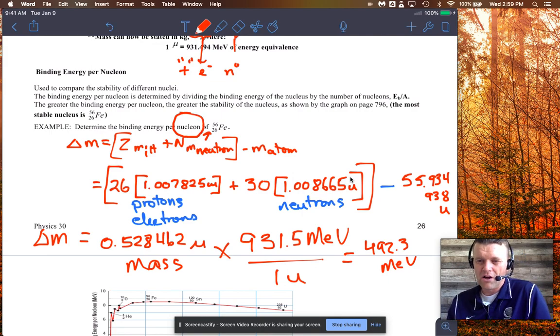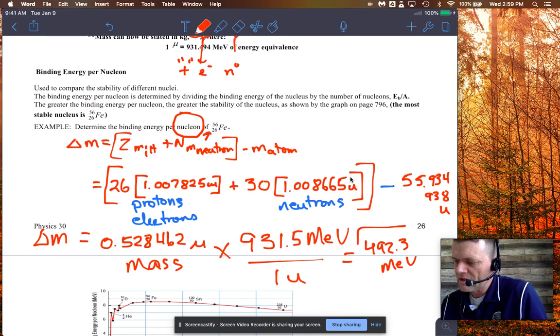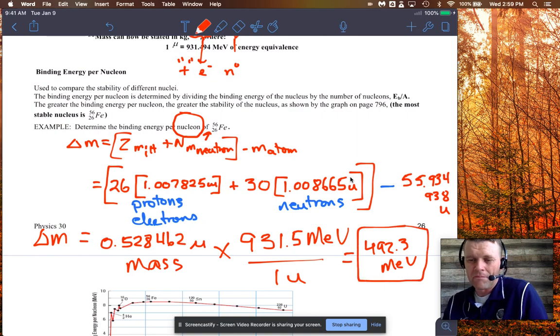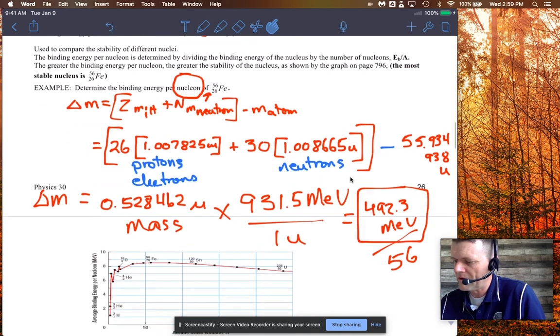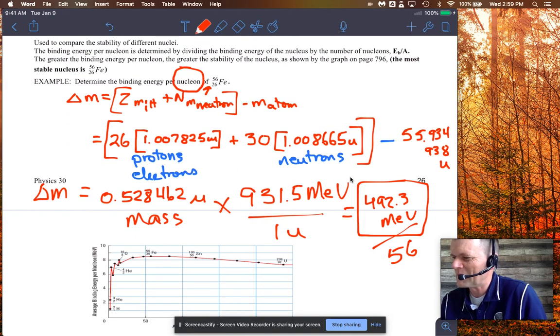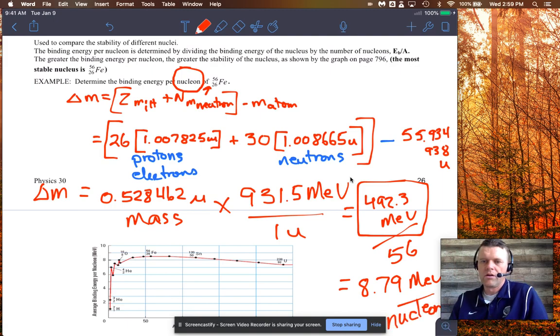This here represents the total binding energy for the whole atom, but per nucleon, you just have to divide that by the number of nucleons, and that's 56. I'm actually spilling right onto the next chart where you're going to see it anyway. So per nucleon, it's going to be 8.79 mega electron volts per nucleon, per number of particles in the nucleus.